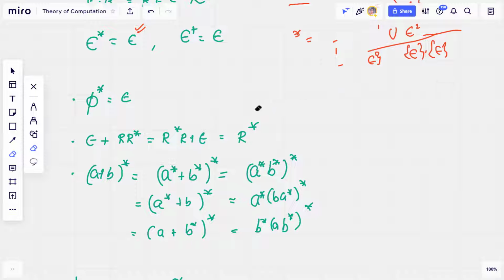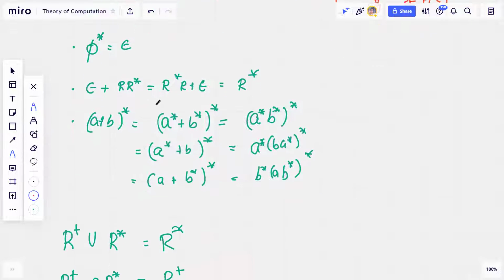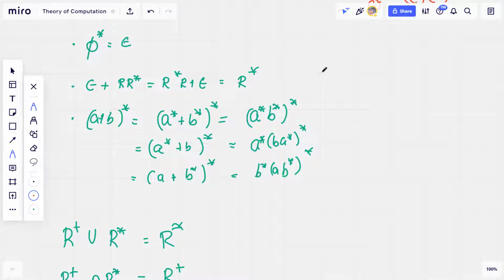Okay, cool. Then we have epsilon plus r into r star, or r star into r plus epsilon, equals r star. How to interpret it? So what is r into r star? Let's first discuss it. R is a, I already told you, and r star is a set of strings of any length greater than or equal to 0. So it will be a power 0, that is epsilon. It will be a, it will be a square, it will be a cube, and so on and so forth.